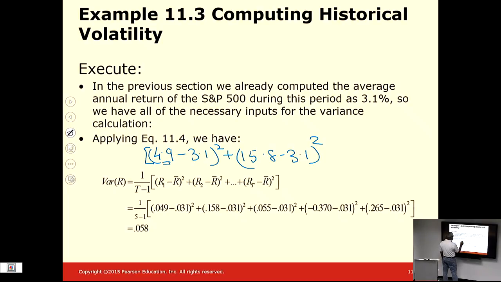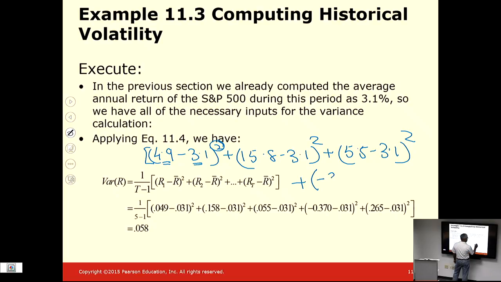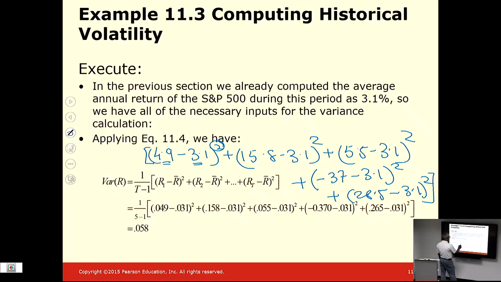I'm taking each observation, subtracting the mean value, then squaring it, plus 5.5 minus 3.1 squared, plus minus 37 minus 3.1 squared, plus 26.5 minus 3.1 squared. So I add up all of that and I divide that by 5 minus 1. There were 5 observations. It is always t minus 1.